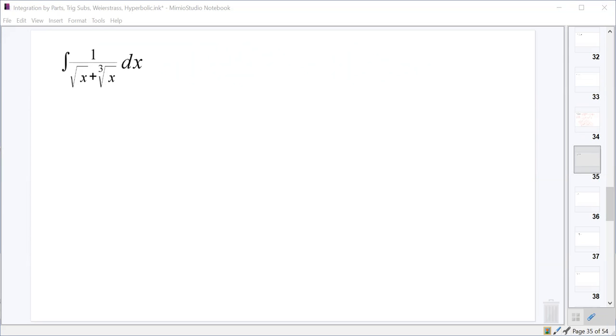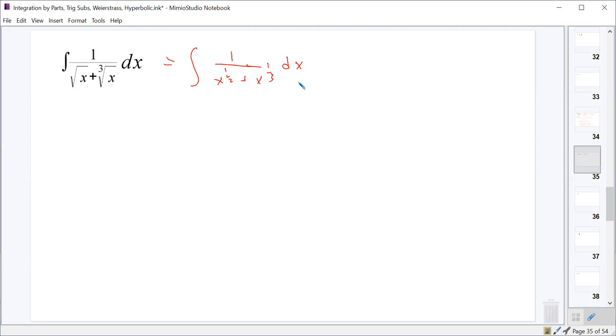So when we have two different fractional roots, so x to the 1/2 plus x to the 1/3 down here, we'll write it as 1 over x to the 1/2 plus x to the 1/3 dx. What we want to do is figure out the least common denominator between those exponents and make that fraction.